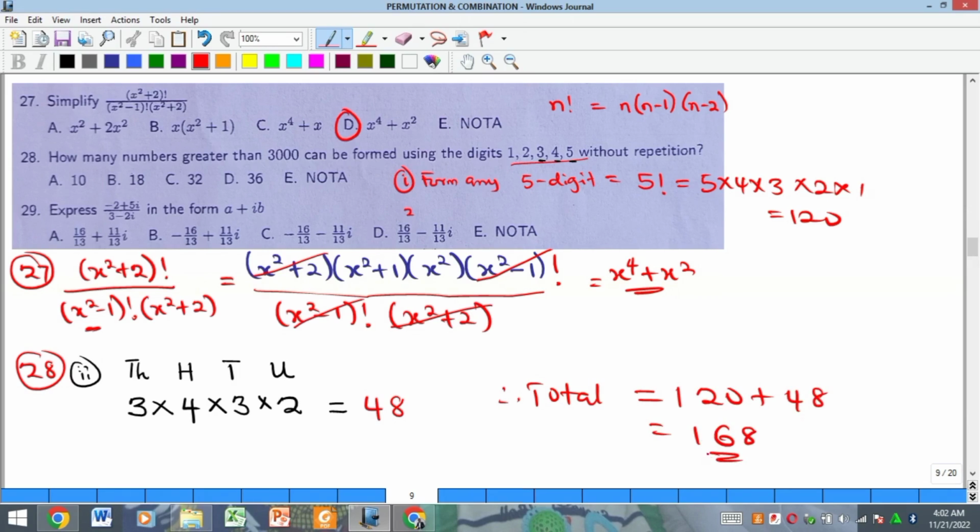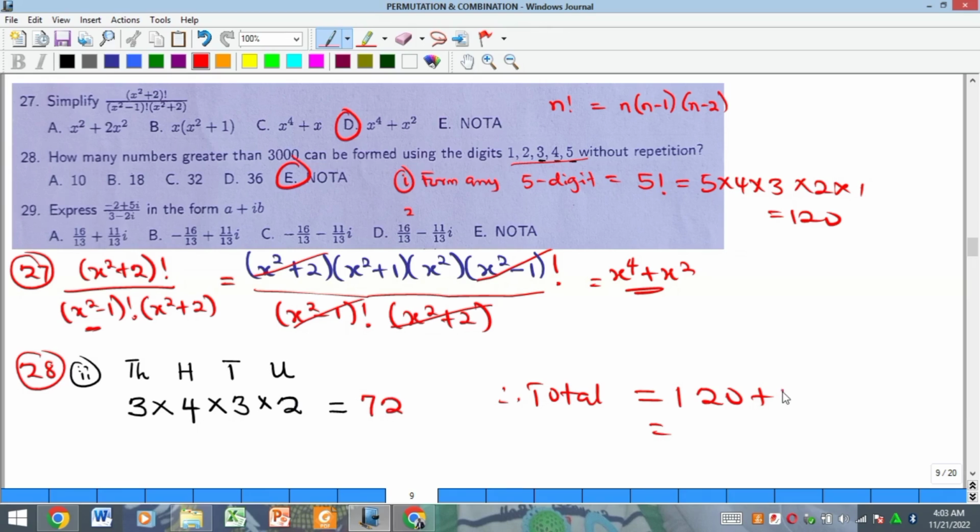And that is 168. And of course, you can see it is not in the options. Sorry, please look at the mistake here. This is not 48. It's a mistake. I'm sorry about that. Okay, look at it. This times this is 12. 12 times 3 is 36, not 24. And 36 times 2 is 72.